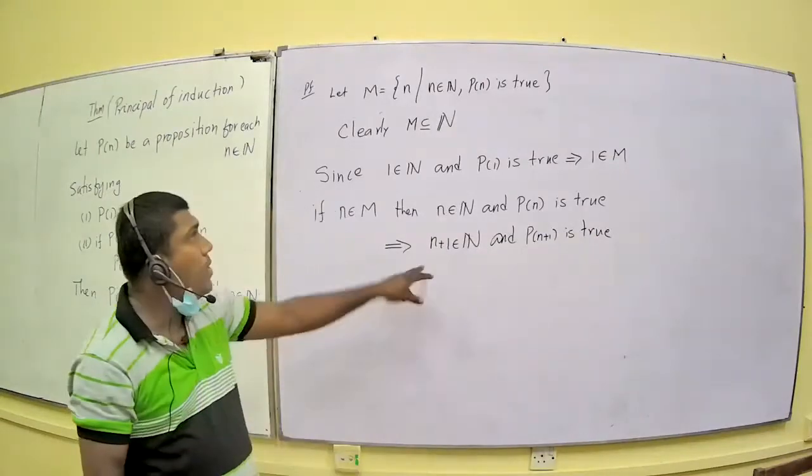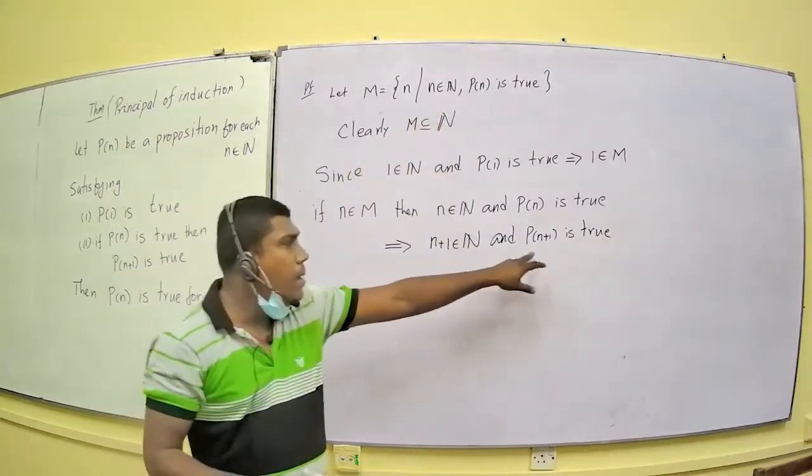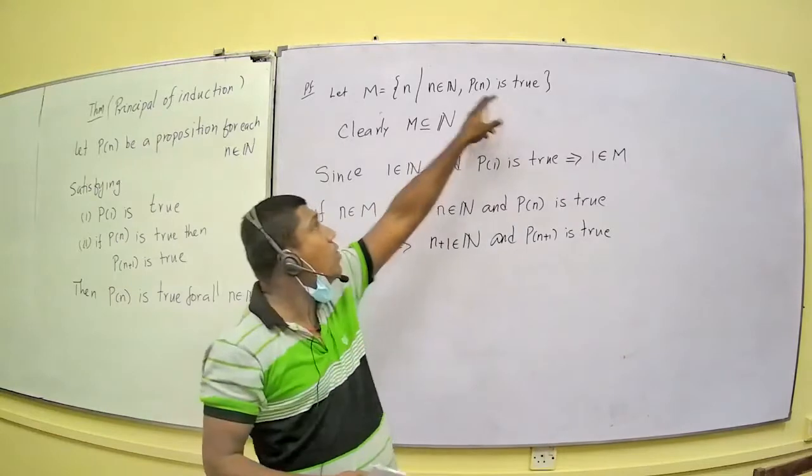So now you can see that n plus 1 is a natural number and P(n+1) is true.